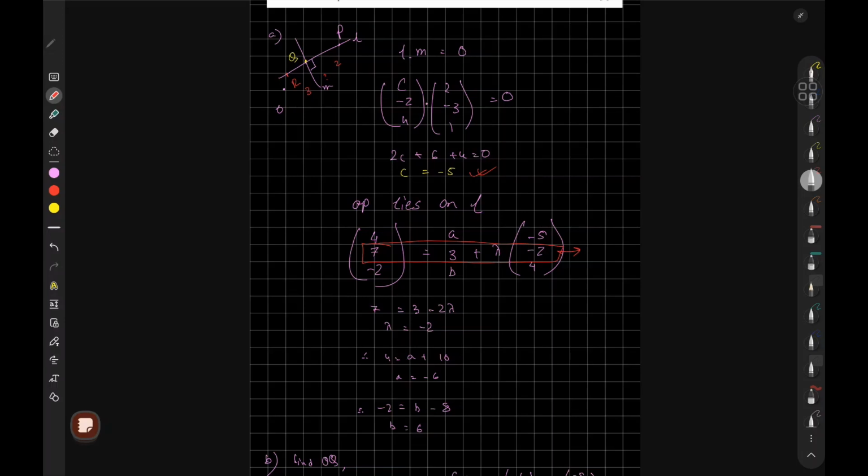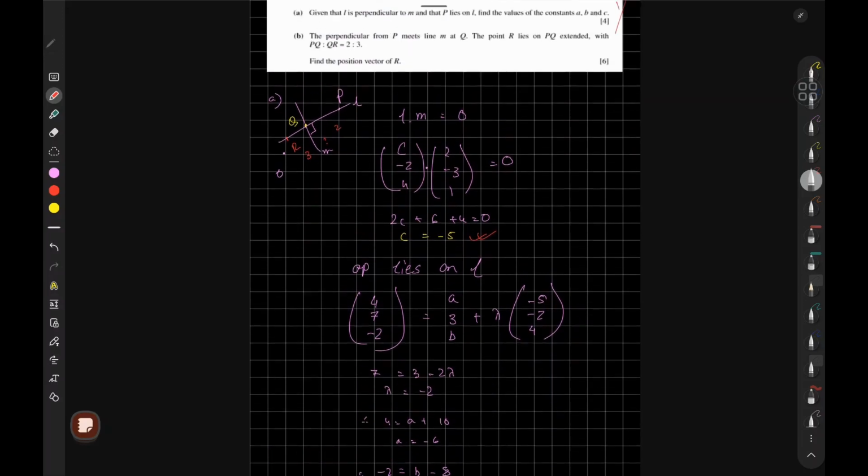So lambda is minus 2. Then you go for the A or B, either of them. So 4 is equal to A minus 5 times minus 2. So it becomes 10. Minus 5 because of this, and minus 2 because of the lambda value. So you get A is equal to minus 6. You do the same for B and you get B is equal to 6.